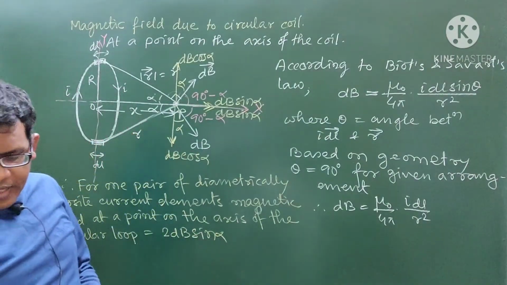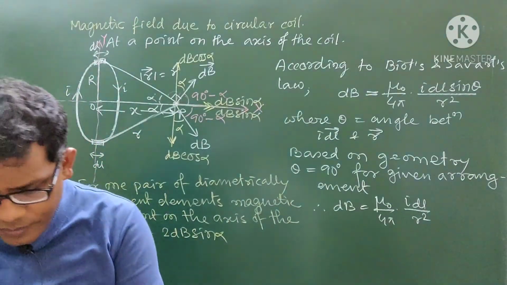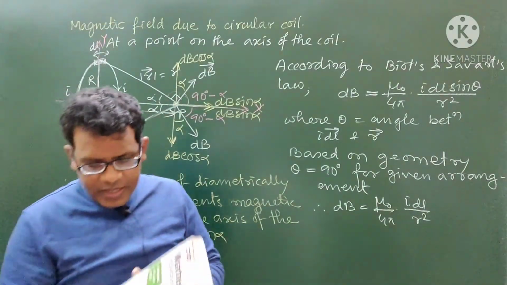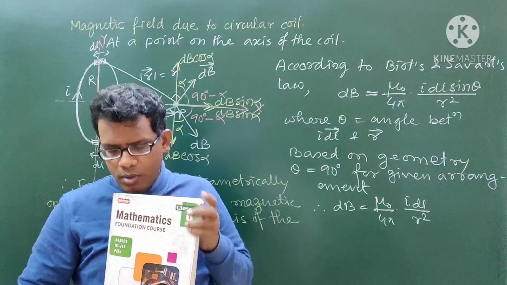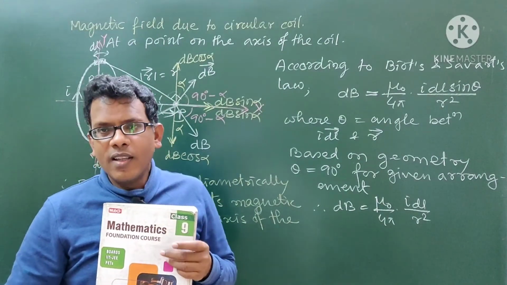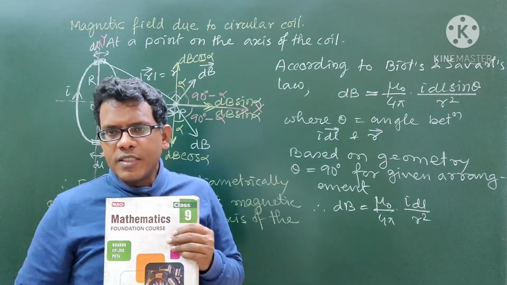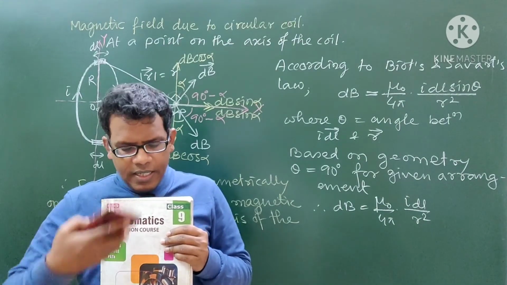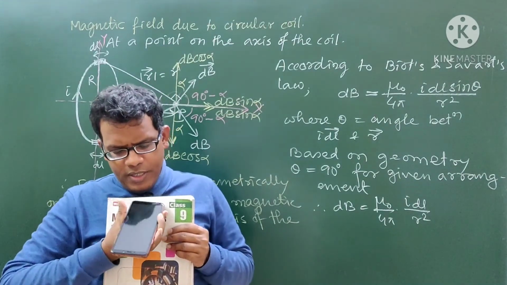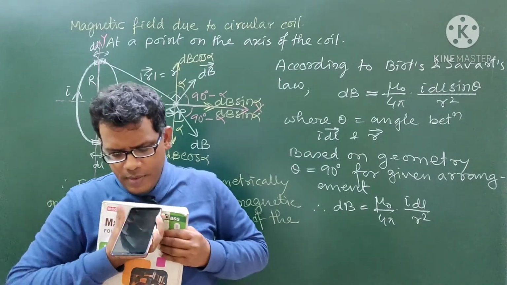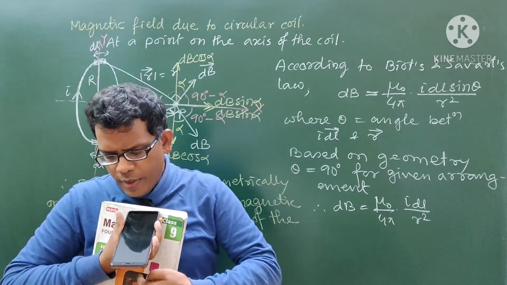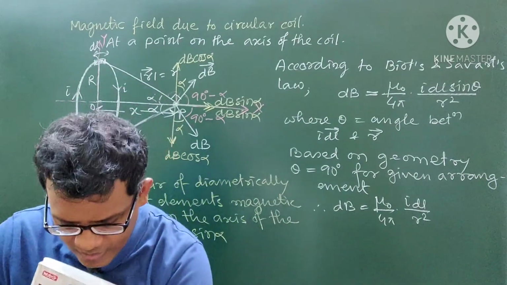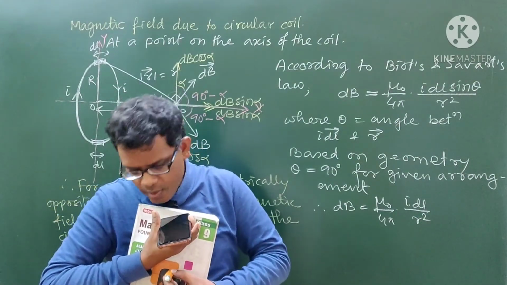What I said about the direction of dB, just a minute. Take this book as the plane of the circle; you can think of it as the plane of a circle. There is a current element at the top, and the line joining the current element to a point on the axis. Think of this as the axis, which is outward from the plane.